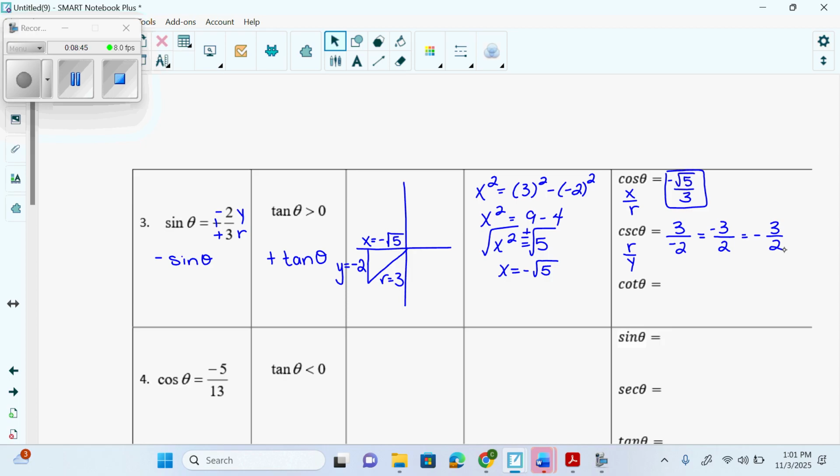And then cotan, tan your Xbox, so cotan is Xbox your, answer split. So we're going to get negative root 5 over negative 2. What happens when you have a negative divided by a negative? They cancel, and it should be positive because cotan and tan are positive in quadrant 3. So you get root 5 over 2.